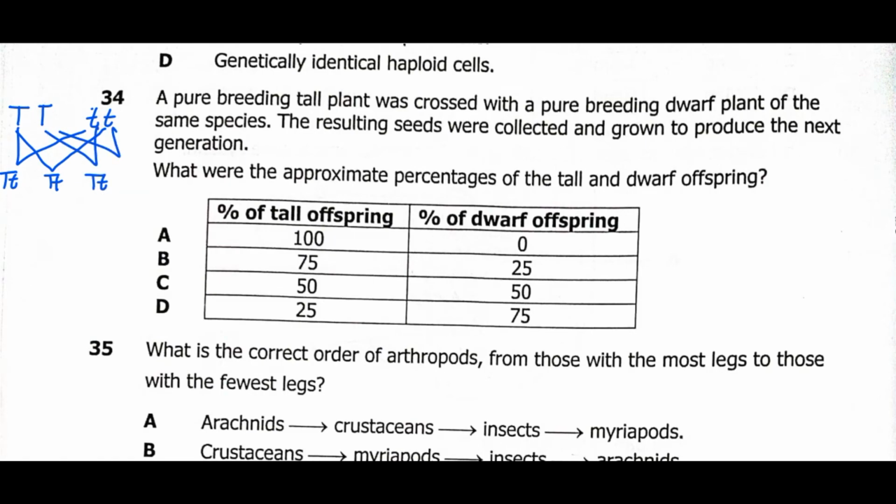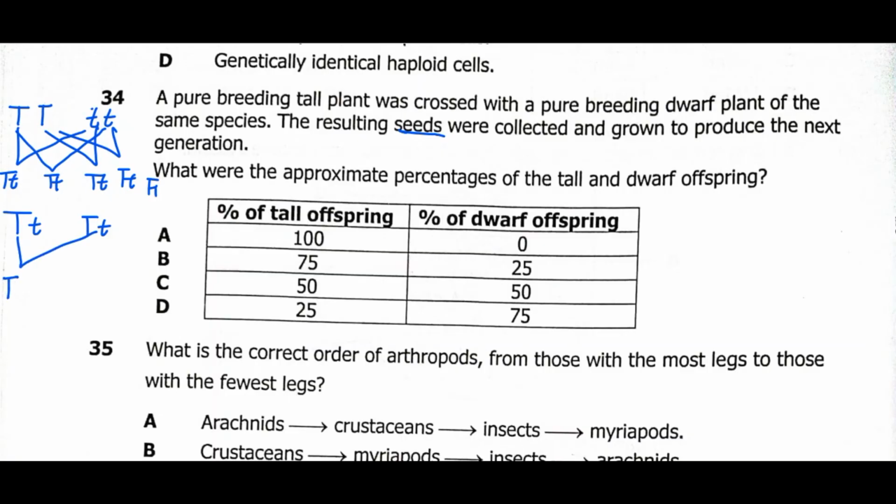Now we use these F1 as our next parents. Since the resulting seeds were collected and grown, let's look at the percentages.